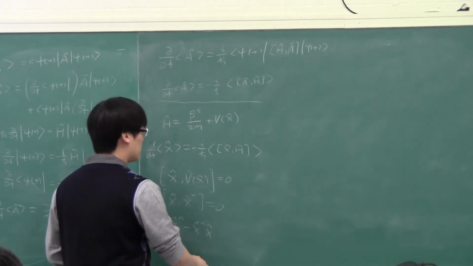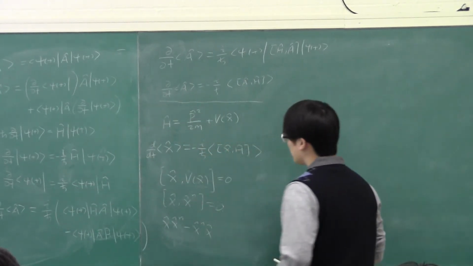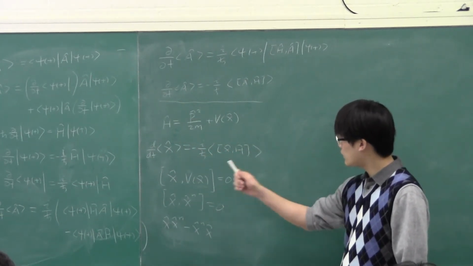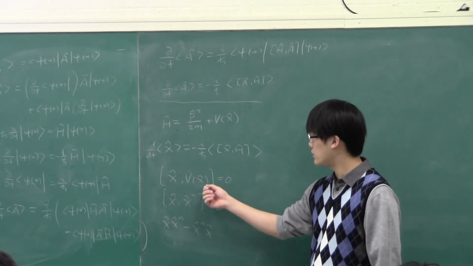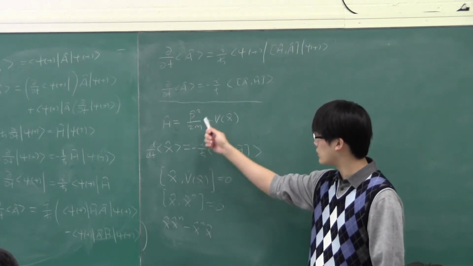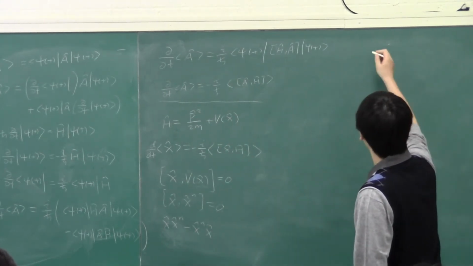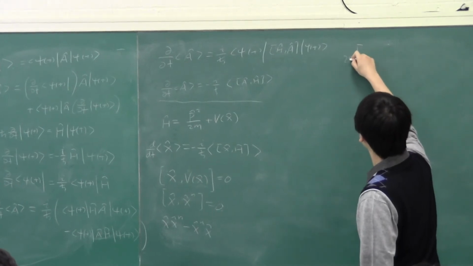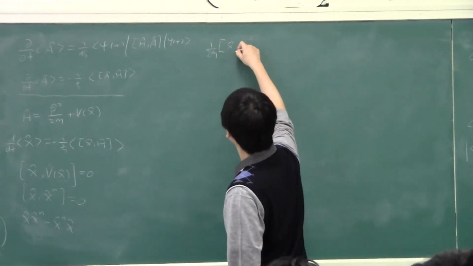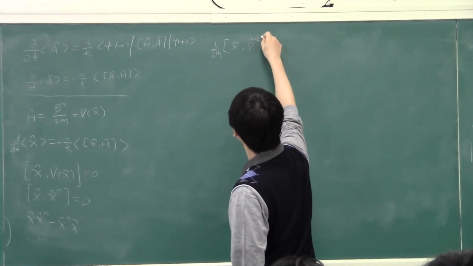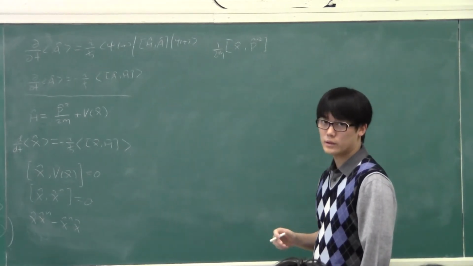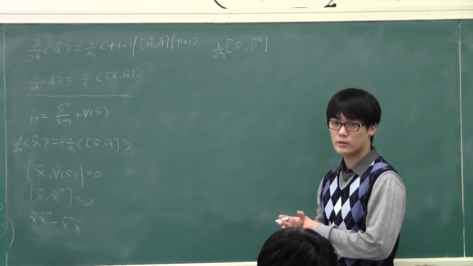All right, so this is certainly true. So computing the commutator of x with the Hamiltonian just amounts to computing the commutator of this. So is everybody okay with this? Yeah.